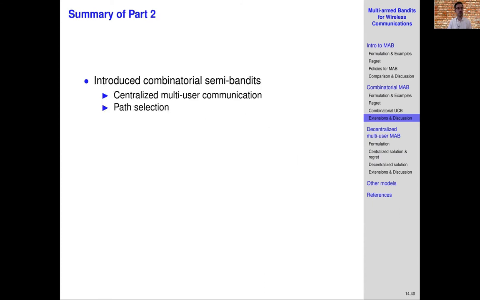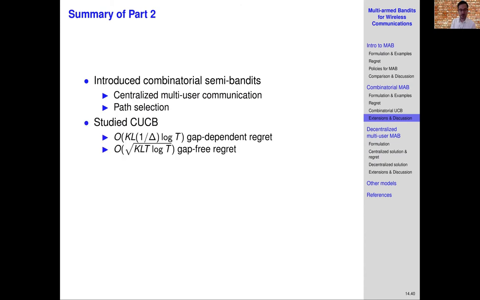Here is a summary of this part. We introduced combinatorial bandits with semi-bandit feedback. We considered applications of combinatorial bandits, including centralized multi-user communication and path selection. We studied the CUCB algorithm and showed that it achieved near-optimal gap-dependent and gap-free regrets.